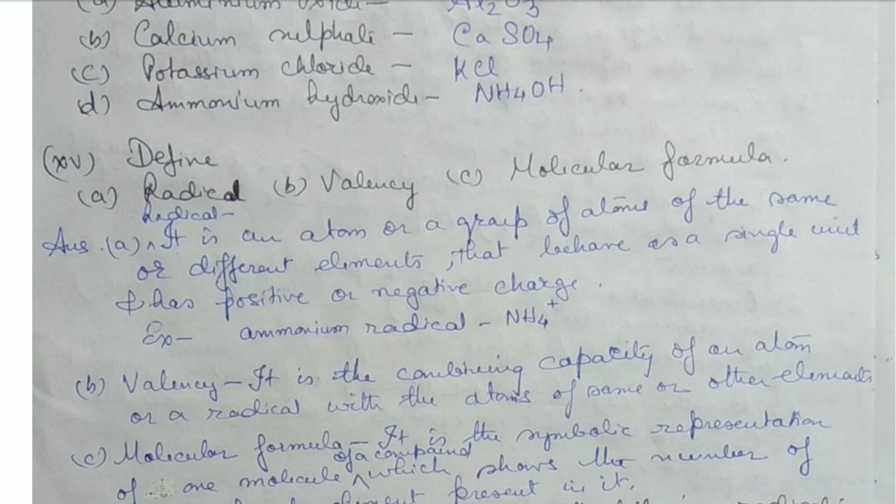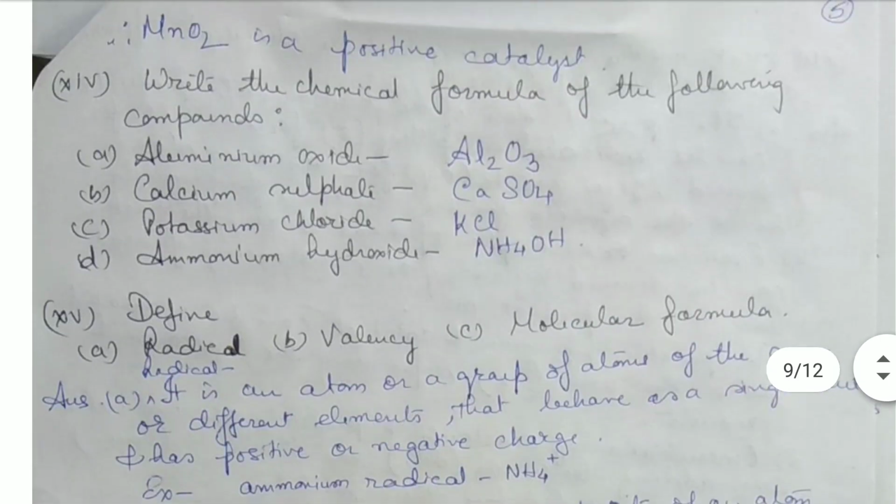See, one thing I want to tell you: for aluminium oxide, the symbol of aluminium is Al and oxygen is O. Aluminium has a valency 3 and oxygen has a valency 2. Exchanging their valencies, it becomes Al2O3. Then calcium sulfate: Ca is the symbol and the sulfate radical symbol is SO4.